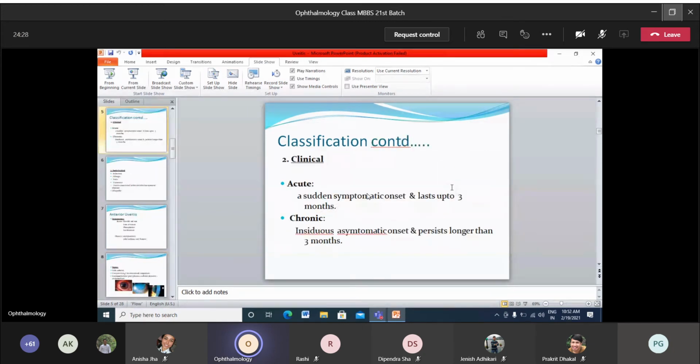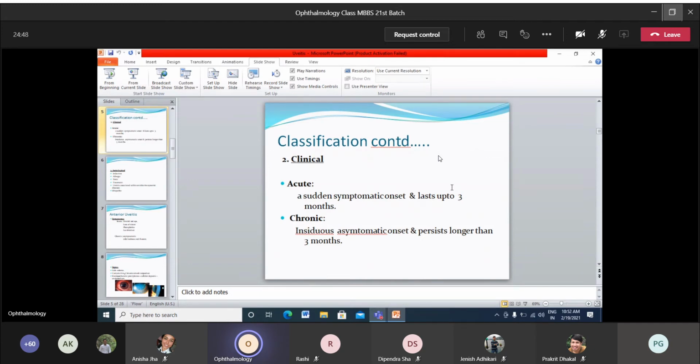Now continuing the classification, the second classification is according to the clinical type: acute and chronic. Acute has a sudden symptomatic onset and lasts up to 3 months.